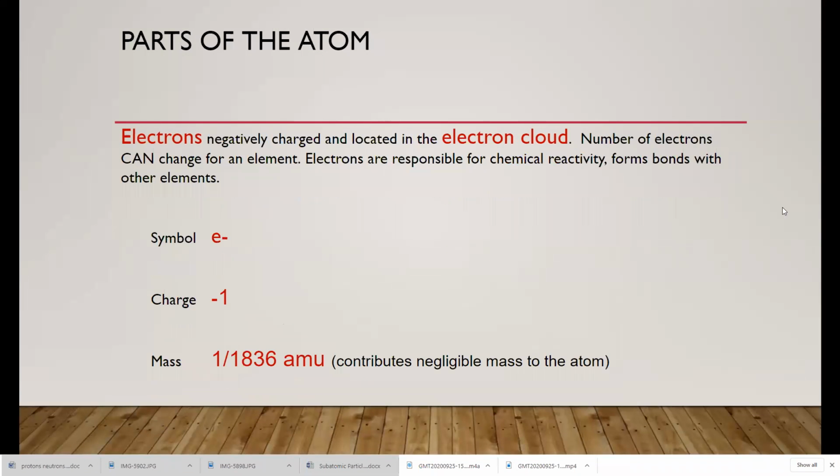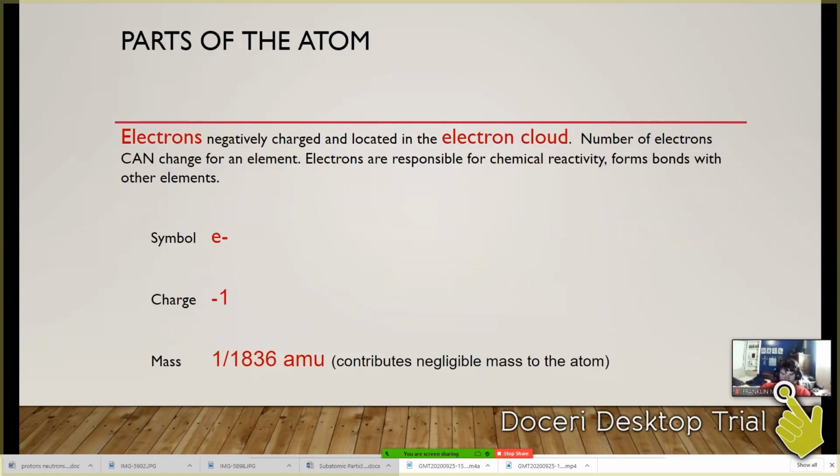And then our last subatomic particle would be our electron, found in the electron cloud. The number of electrons can vary. And when that happens, then an ion is formed. Electrons are responsible for the chemical reactivity because they are what end up being involved in the bonds, and specifically the valence electrons.